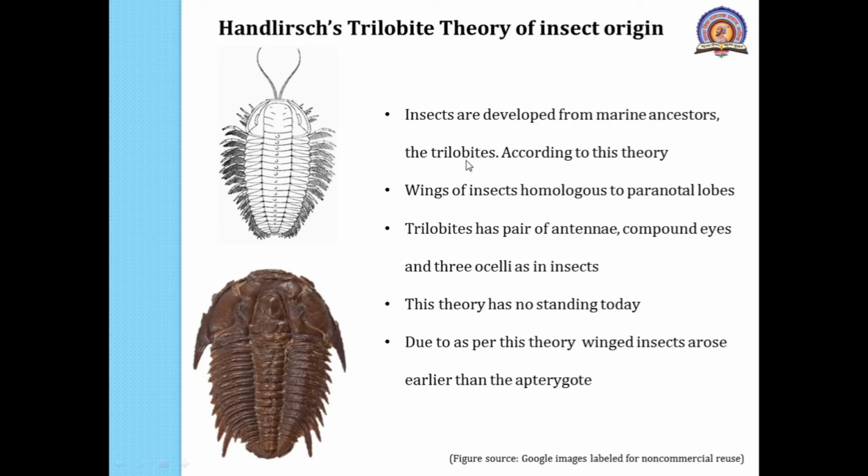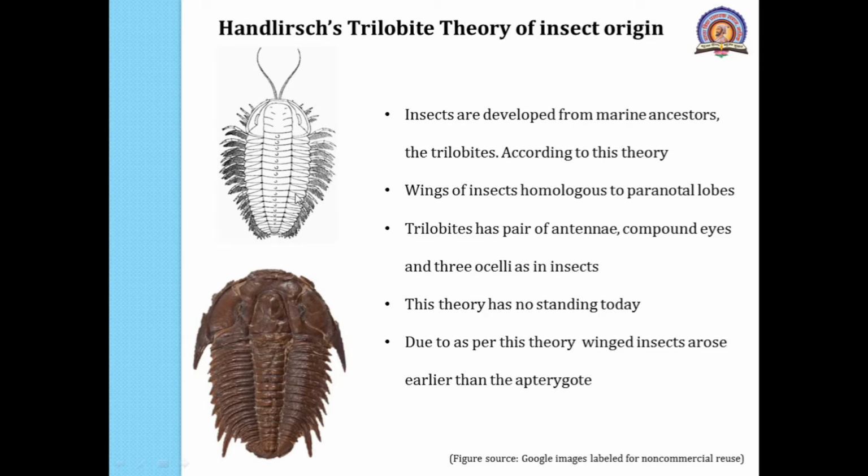The wings of insects, according to this theory, would be homologous to the paranotal lobes, that is, the broad lateral expansions of the sides of segments of the trilobites. So these are the paranotal lobes.